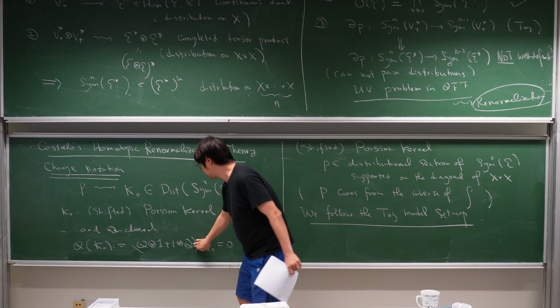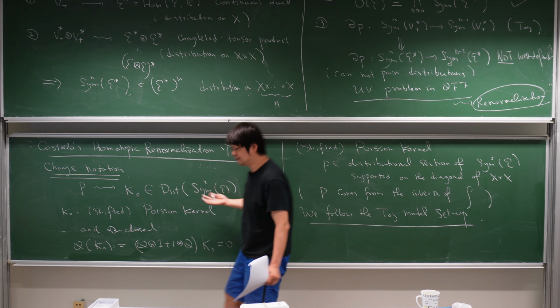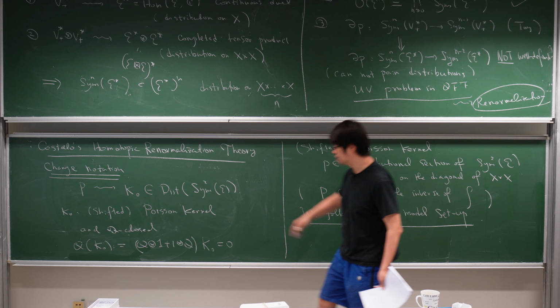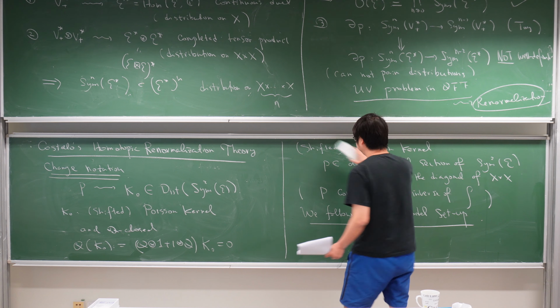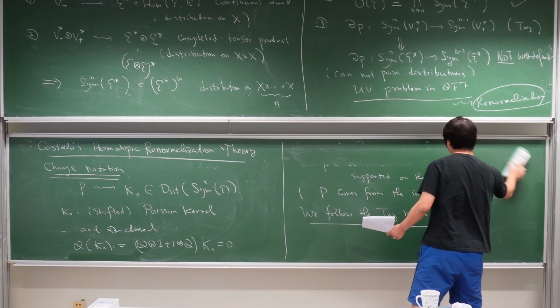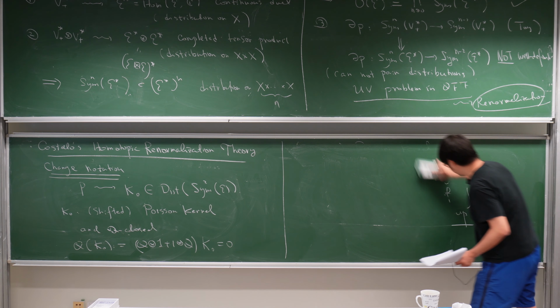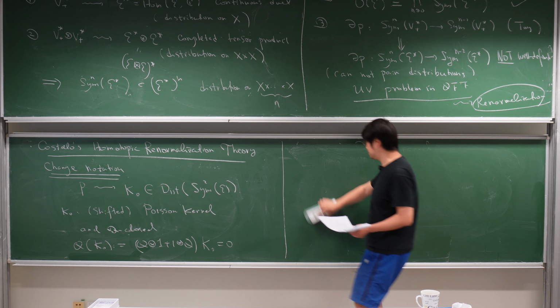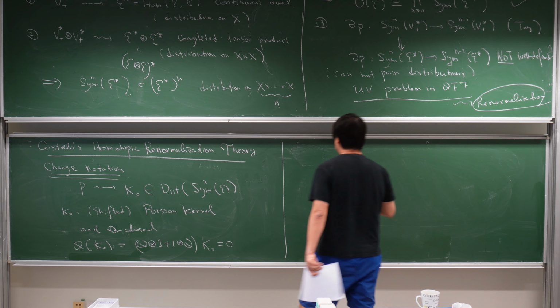Because it's a differential operator, this is a differential operator applied to distributions. This is well defined. So this is a distributional equation. This still holds. So now I'm going to erase this part, and I'm going to use this K0 as my new notation for P. I really apologize for this. Okay. Now here's the key observation.